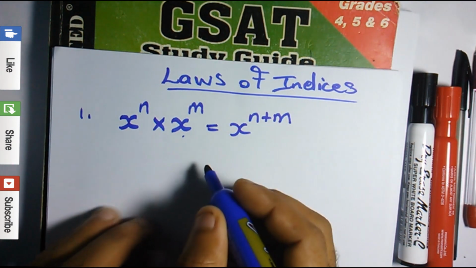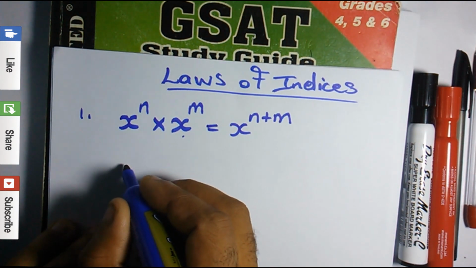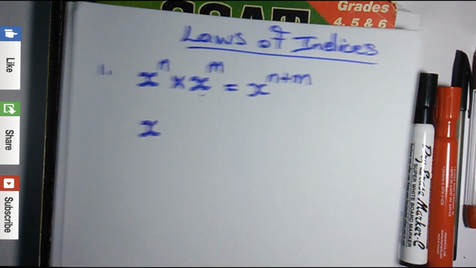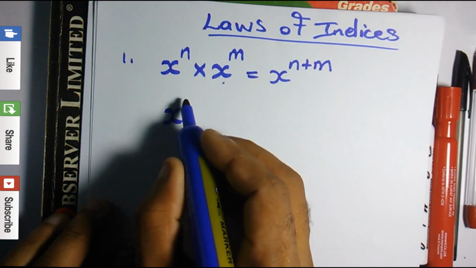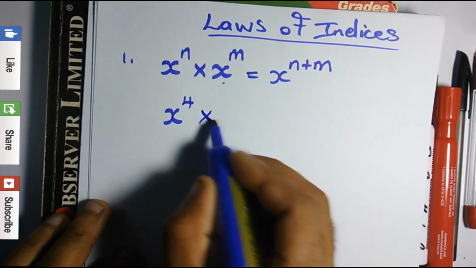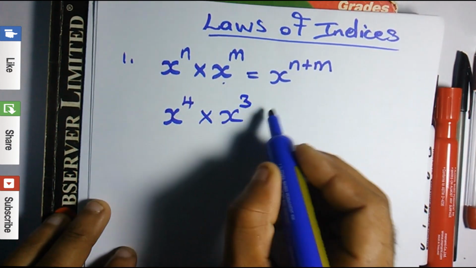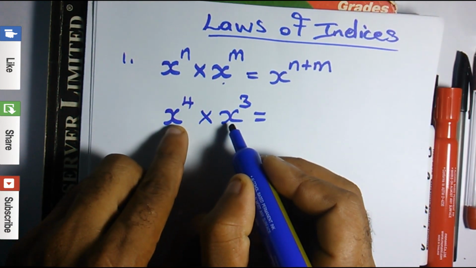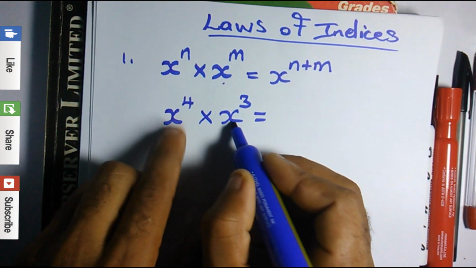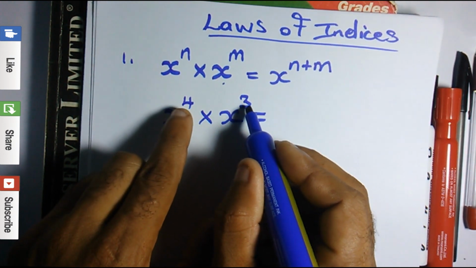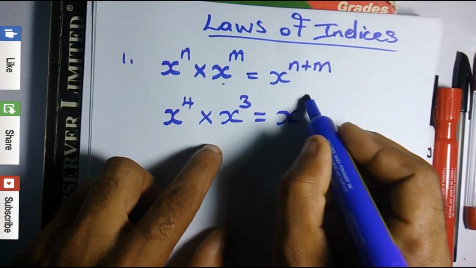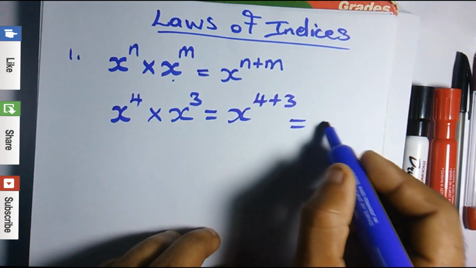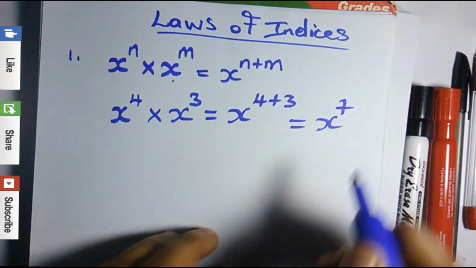A question based off this could be, let's say, x to the fourth multiplied by x to the 3. Remember we are multiplying and the bases are the same, a common base, so we add the powers. We would have x to the fourth plus 3, which gives us x to the 7th.